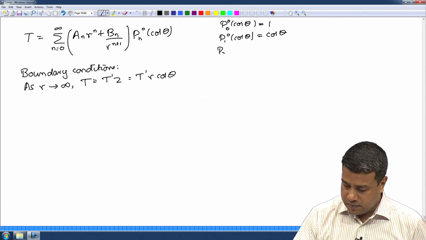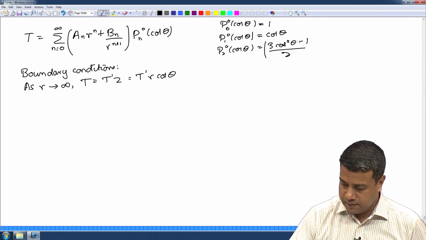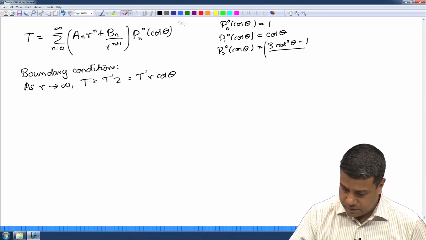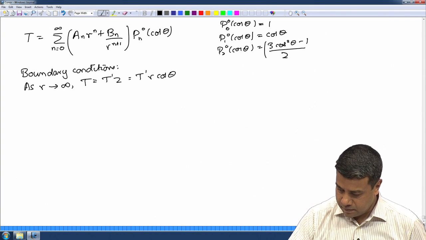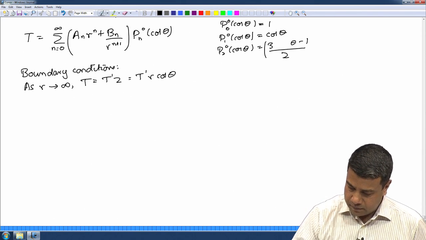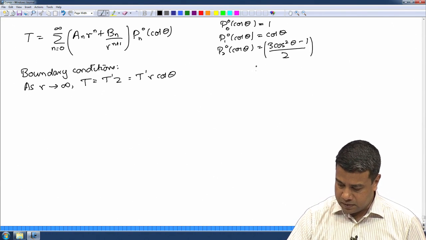P20 of cos theta is equal to (3 cos square theta minus 1) by 2, and so on.